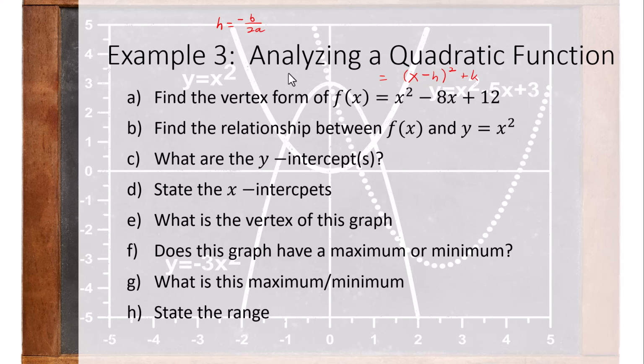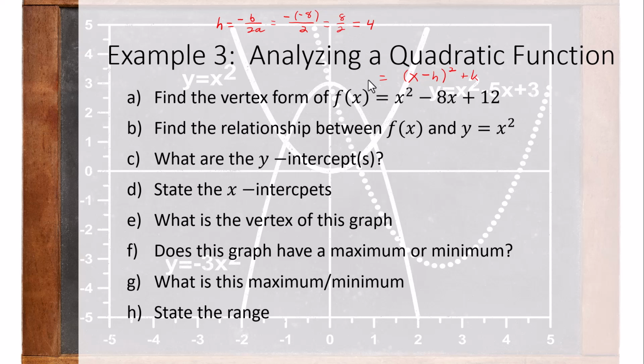Well, a is equal to 1, and b is equal to negative 8. So that is going to be the negative of negative 8 divided by 2 times a. A is equal to 1, and that is going to be 8 divided by 2, or 4.